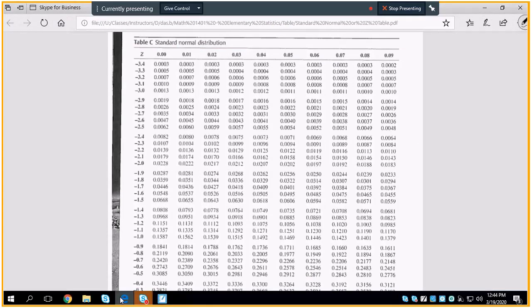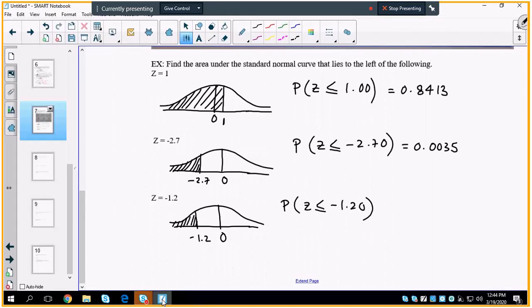I get 0.1151 as my answer. So these are all values that can be directly computed from the table. As you can imagine, the table always gives the area to the left. So if I want to find the area to the right, I have to manipulate. We'll do those exercises now.